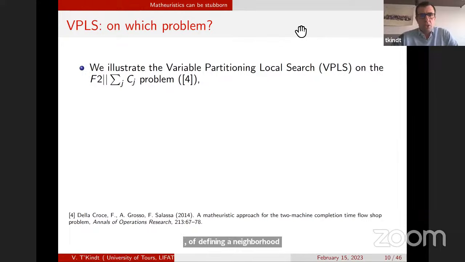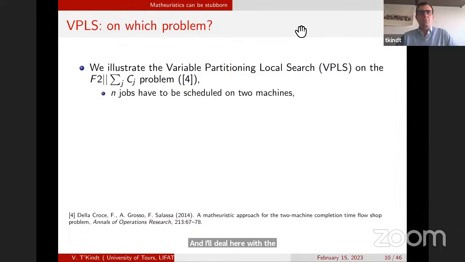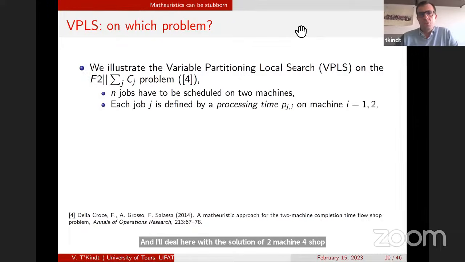First, we'll see an application of notably VPLS on a scheduling problem. So VPLS uses a neighborhood based on variable fixing. And I'll deal here with the two-machine flowshop problem, where I have n jobs, and each job g is defined by processing times p_gi.